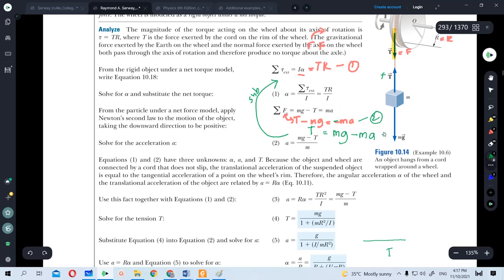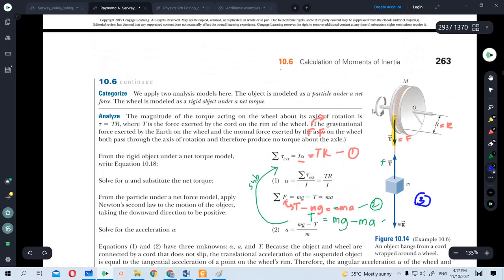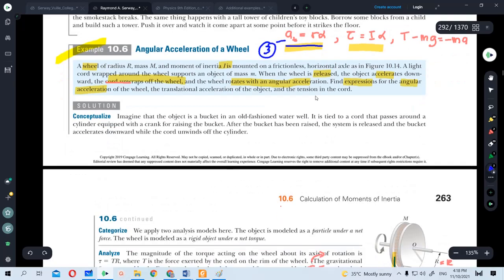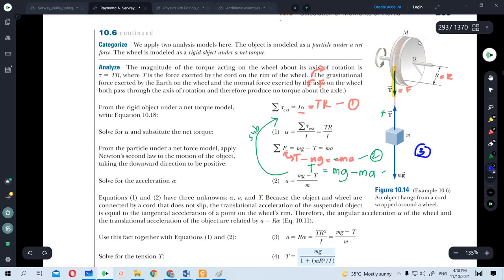Okay, now as we substitute, we are also substituting another expression. So we have 1, 2, and then we have another third expression. Our third expression is this one: a is R alpha.